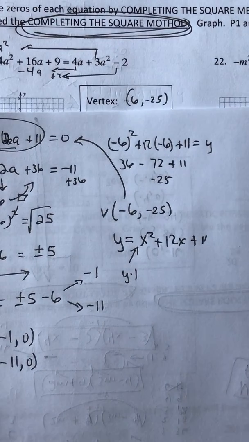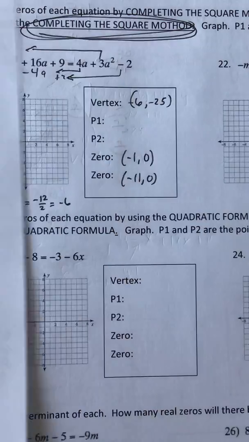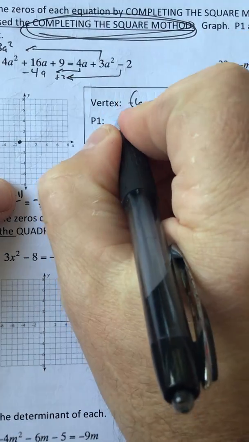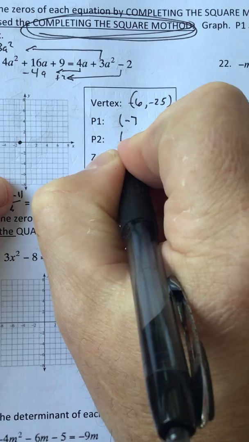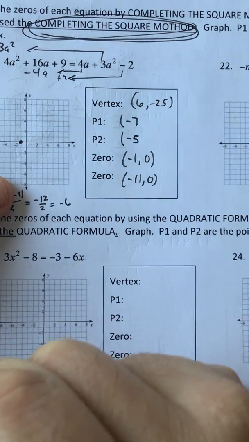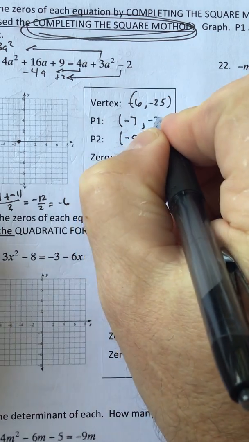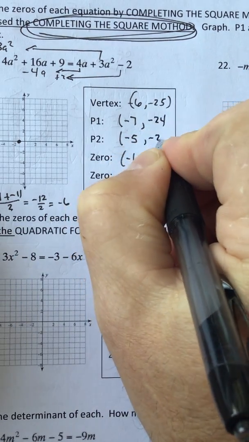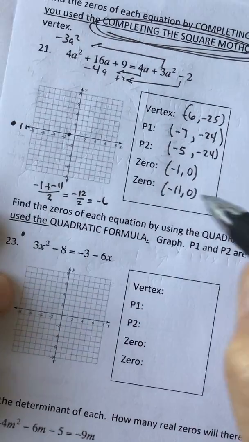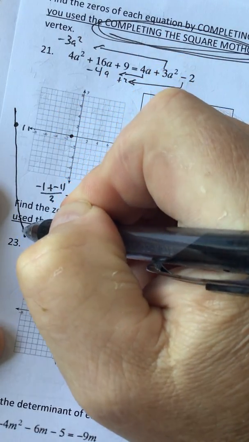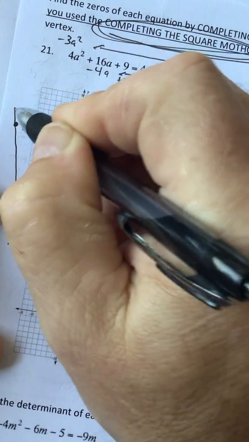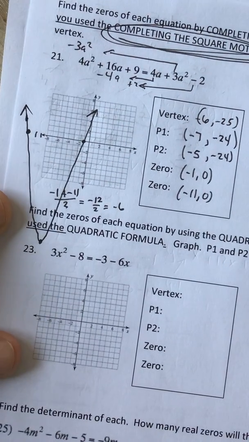So there's no multiplier on that one. So over 1, up 1. From the vertex, if we go over 1, that'd be negative 7. If we go over 1 the other way, it'd be negative 5. And then we're going up 1, so negative 25 up 1 is negative 24. I'm not really going to plot that one.